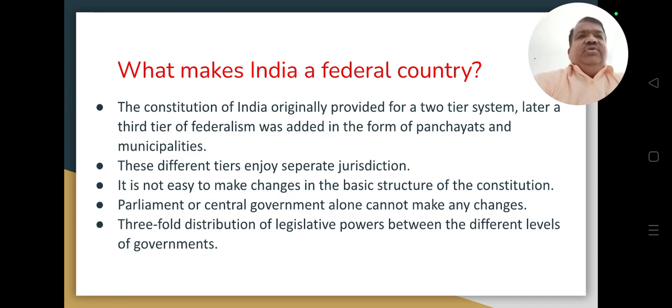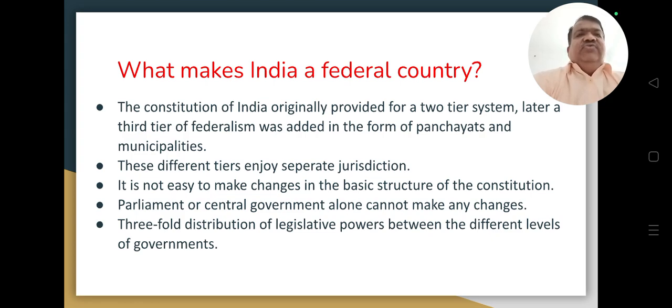The Constitution of India originally provided for a two-tier system. Later, a third tier of federalism was added in the form of panchayats and municipalities. And these local governments were established in the year 1985, and these different tiers enjoy separate jurisdiction.